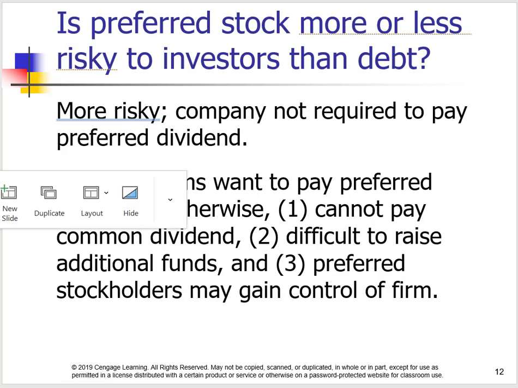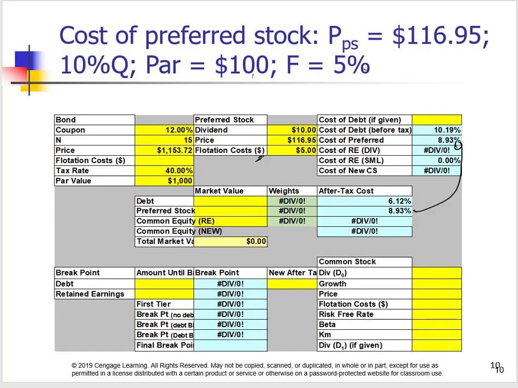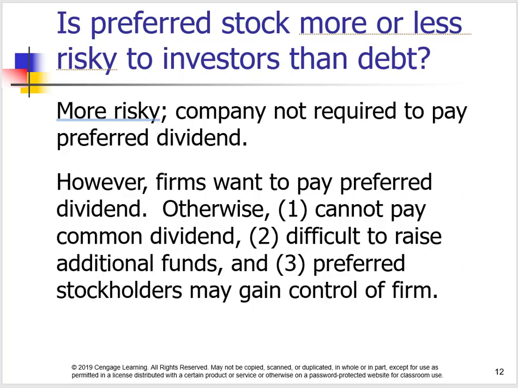Now, one of the things that you might have noticed, or maybe you didn't notice, is the relationship between the before-tax cost of preferred and the before-tax cost of debt. You can see that the cost of preferred is less. Why is it less? Typically, we think of stocks in general as being more risky than debt, right? But the company's not required to make this preferred dividend. They can skip it if they want.